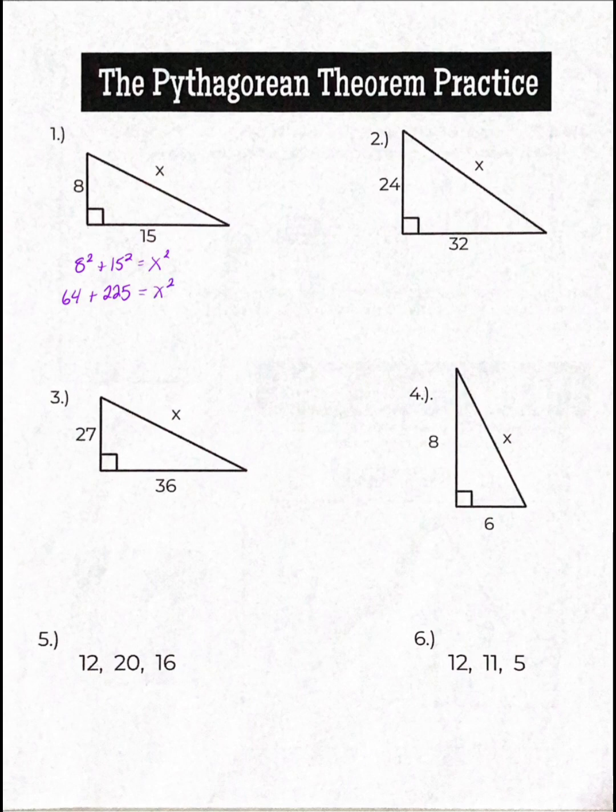We're going to add those two together. 64 plus 225 is 289 equals x squared. And then finally, we're going to do the square root of 289 equals x. The square root of 289 is 17. So this x right here equals 17.